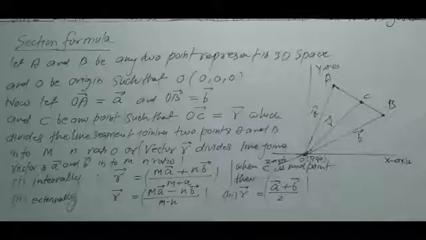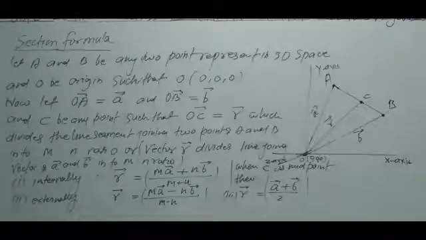And for the midpoint, when vector R is the midpoint of the line joining two vectors A and B, then vector R is equal to A vector plus B vector by 2. Now this topic is totally completed.